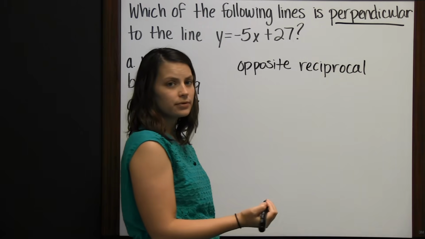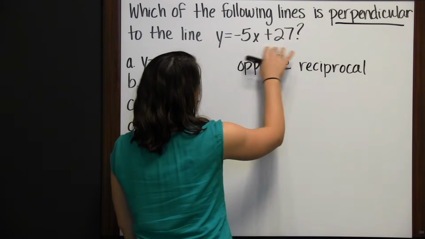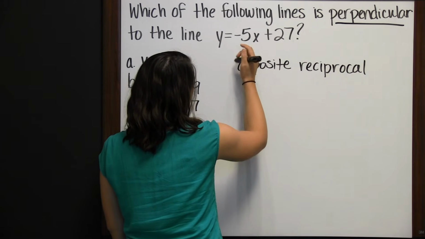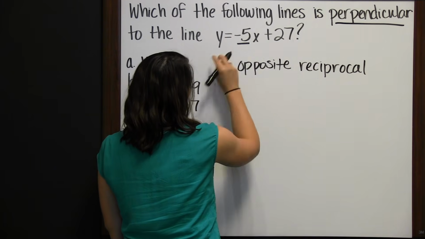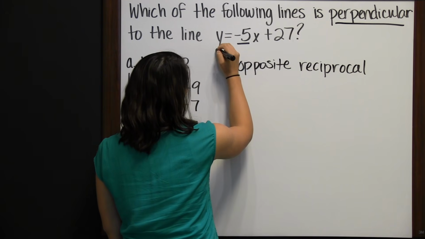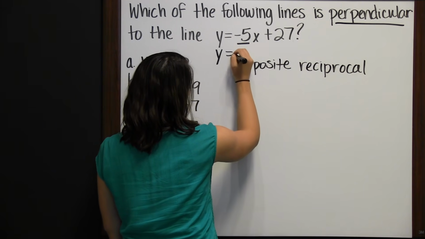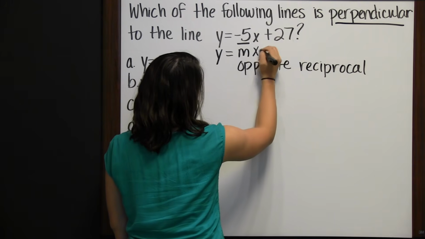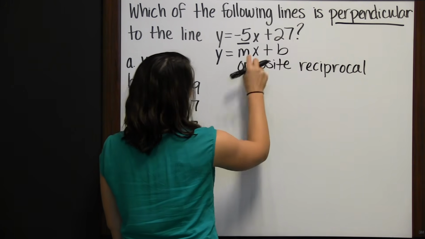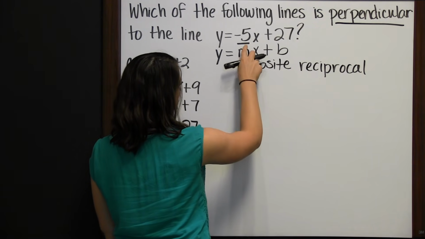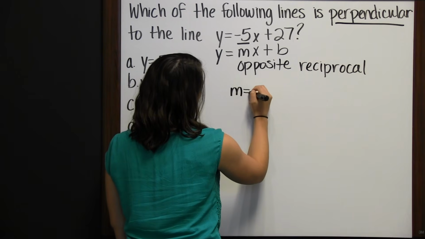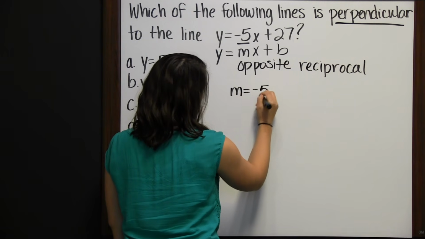The slope in this equation is negative 5, because this equation is in slope-intercept form, which is y equals mx plus b, where the m is the slope. So the slope of this line is negative 5.